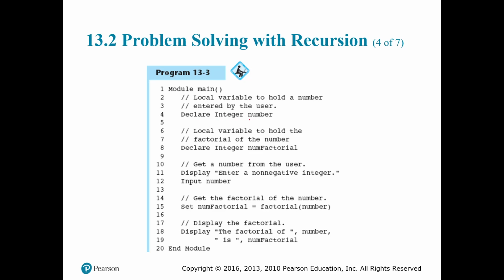We're declaring an integer, a local variable that will hold a number that a user will enter for us to calculate the factorial of, then another local variable to hold the factorial of the number after we calculated it. Then we ask the user right here to enter a non-negative integer, and then here's the input where we take the input from the user, and then we are calling our factorial function right here. And then at the end, we just display what the calculation produced.